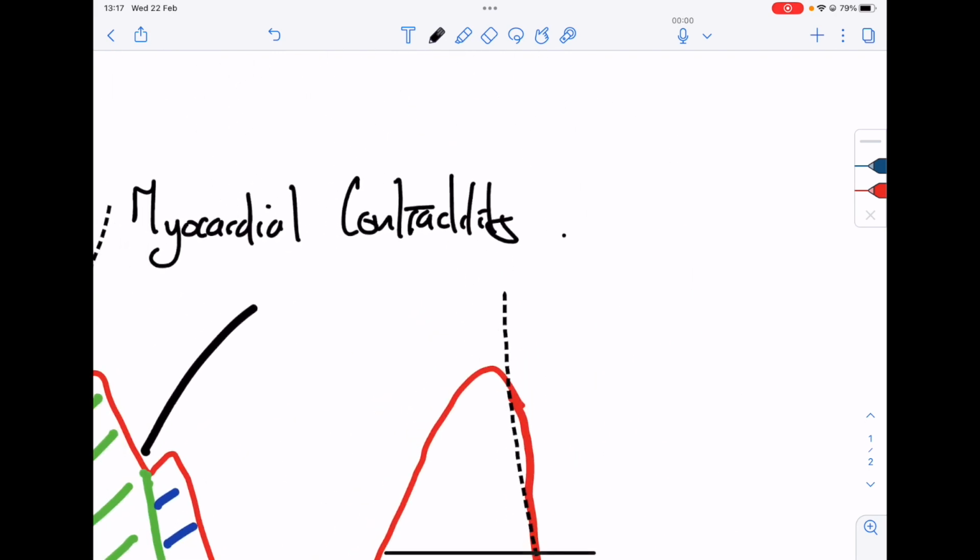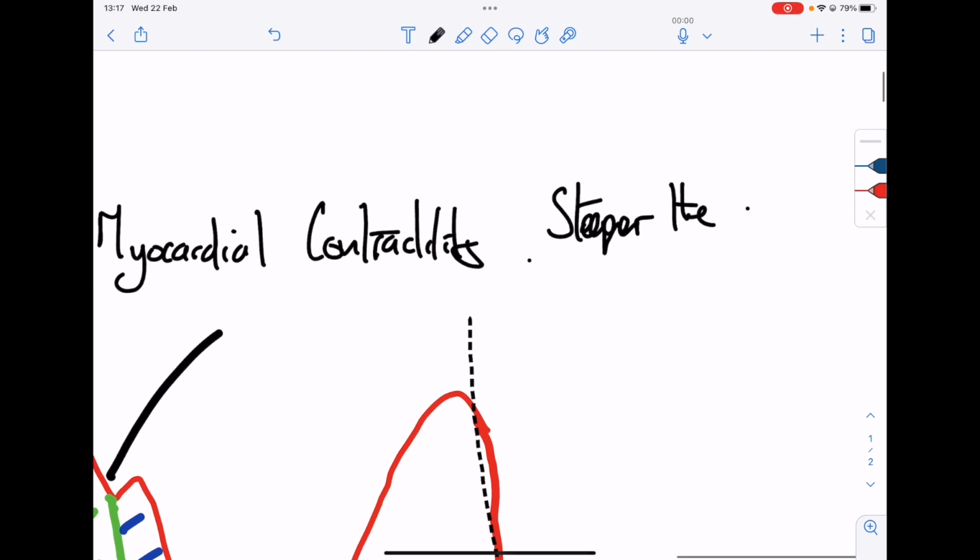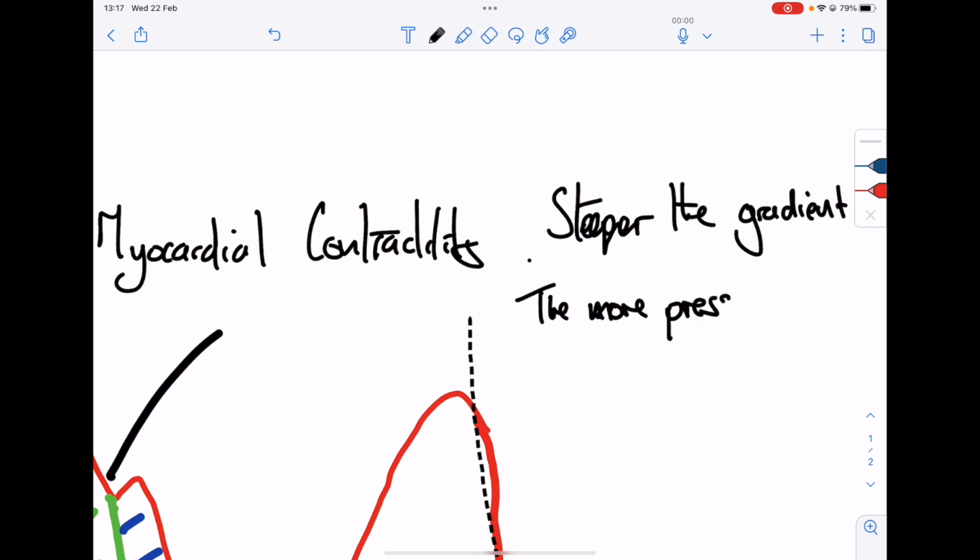Which you can think of as the steeper the gradient, the more pressure per unit time.